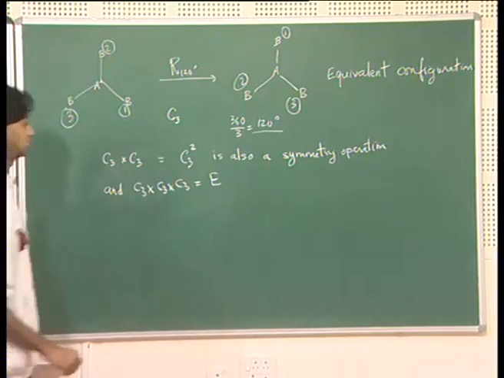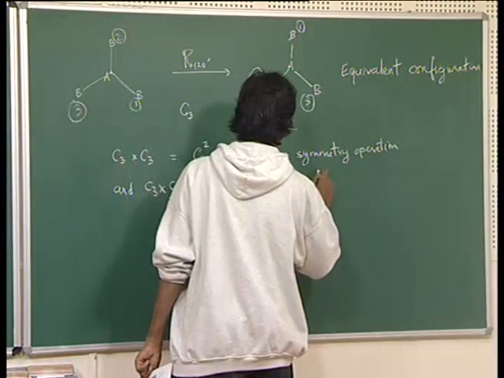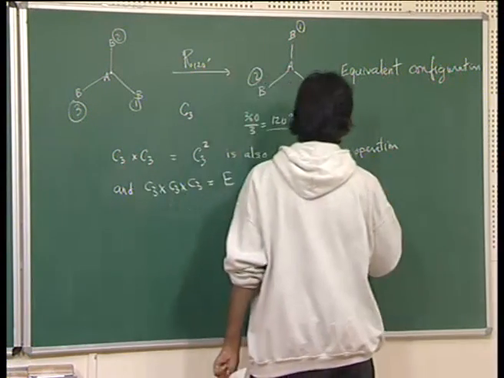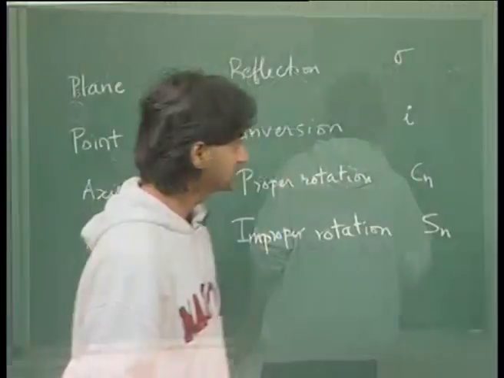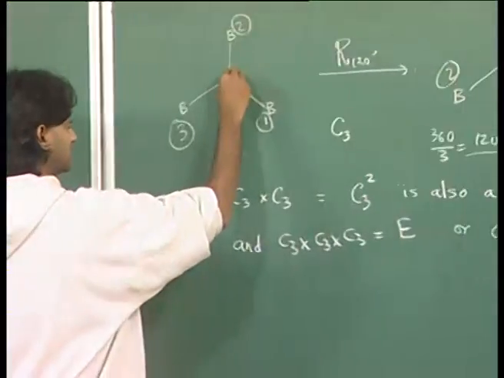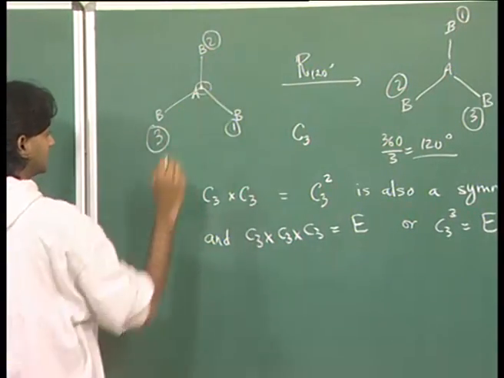So C3 cubed equals identity. In fact, in general Cn raised to n equals identity. This C3 axis is perpendicular to the plane of the board.